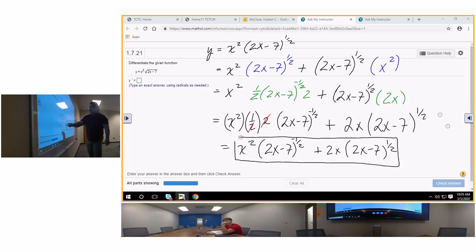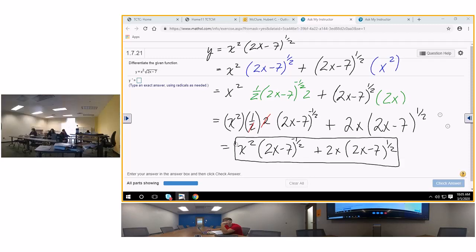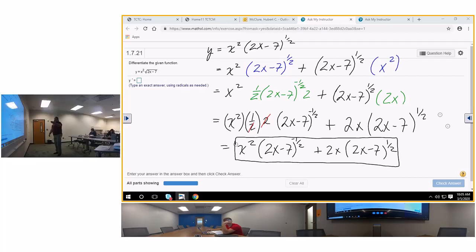Now, you could factor out an x. You could bring the 2x minus 7 to the negative 1/2 downstairs. You could factor out a 2x minus 7 to the negative 1/2 with the x. There's 2 or 3 different things you could do.